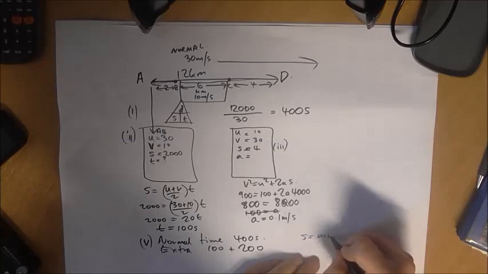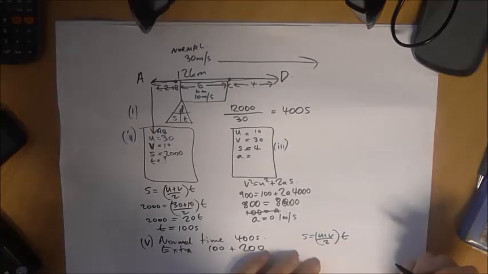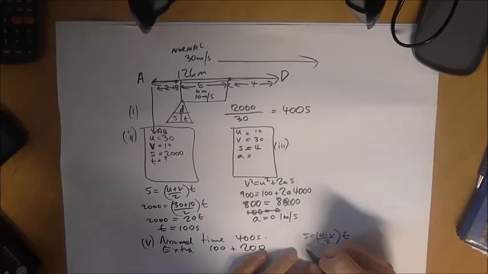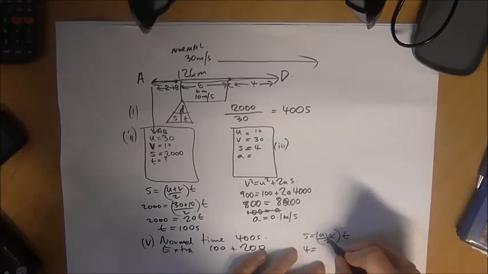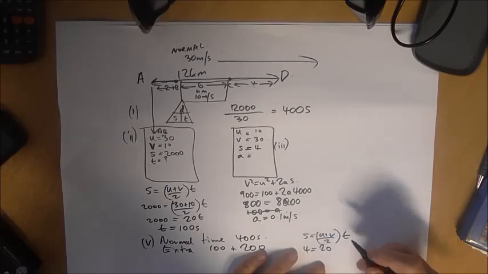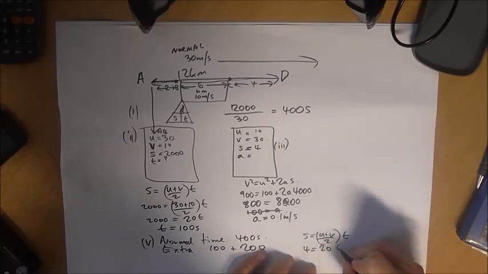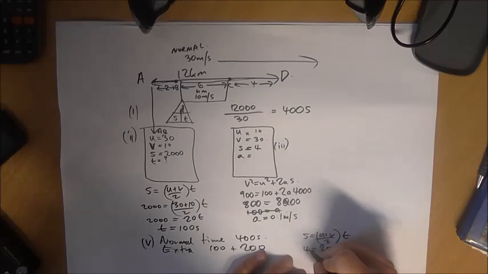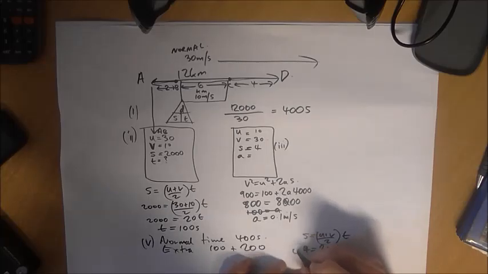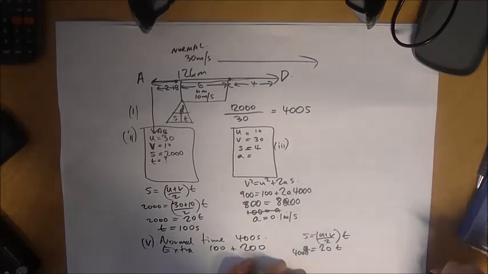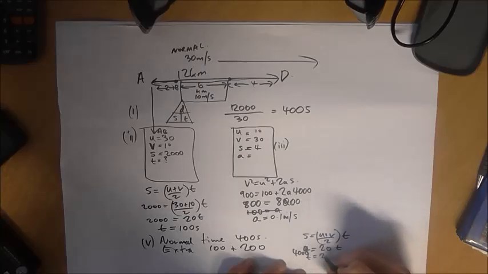S equals u plus v over 2 times t. So it's 4 equals 20 over t, but that 4 is 4,000, by the way. So t therefore equals 200.